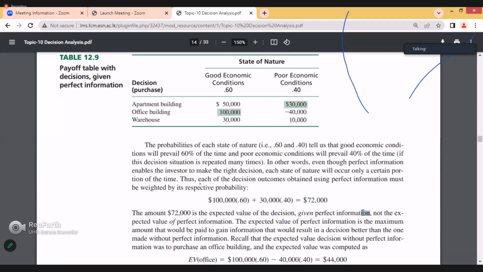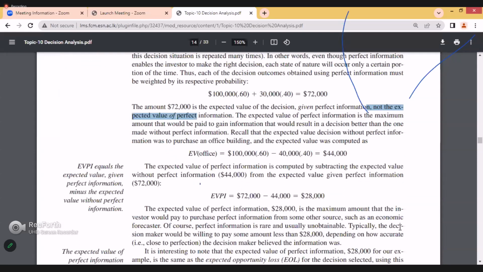So according to that, the extra amount would be paid to gain information that would make the decision better than the others. Okay. So the next solution has to be taken.